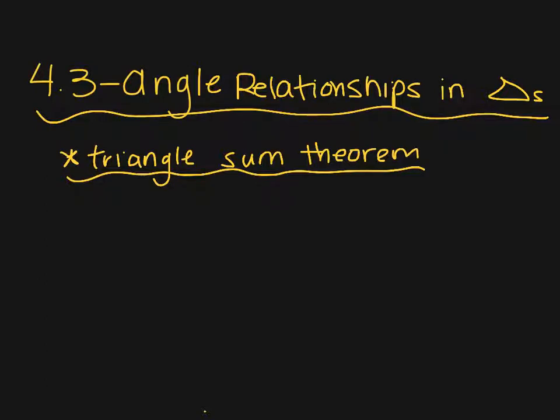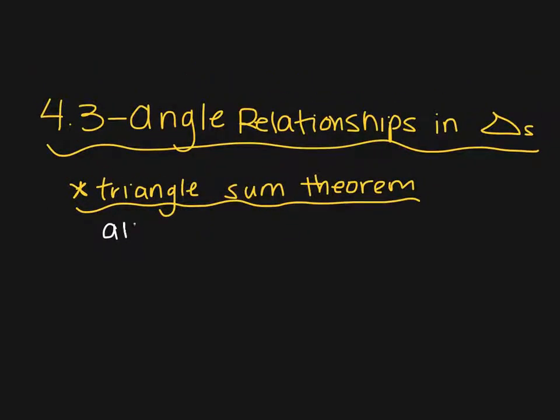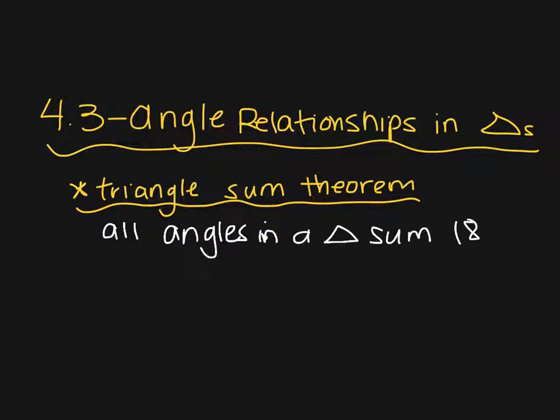The first one was the triangle sum theorem, which said what? That angle A plus angle B plus angle C equals 180. Good. So all 3 angles in a triangle sum or add up to 180 degrees.